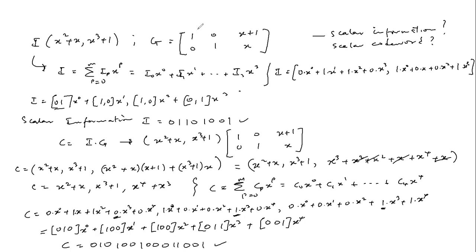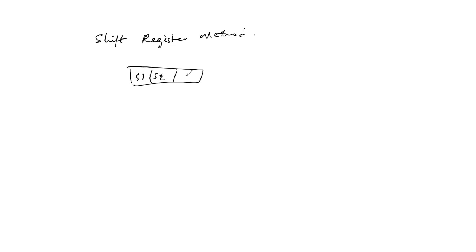That's okay. Now let us look into the shift register method. Convolution codes are generated by transmitting a data sequence through a shift register. Say we have some shift register arranged this way, S1, S2, S3.